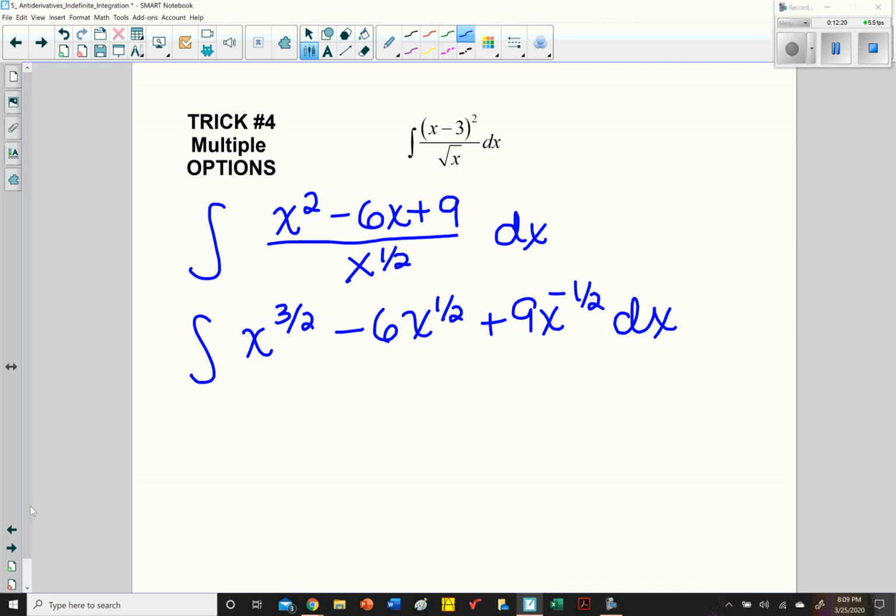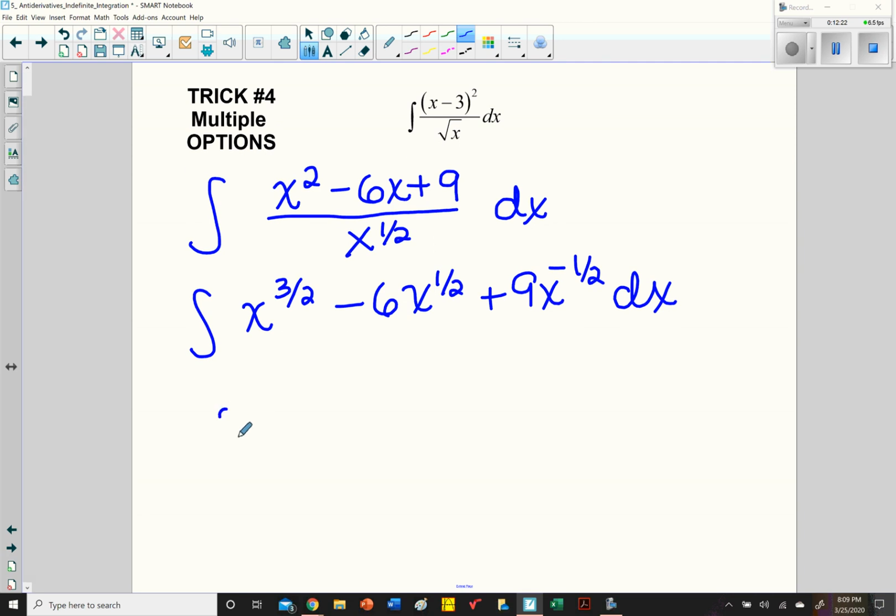Then using our power rule, we're going to add 1 to each power and divide by the new power. So x to the 3 halves plus 1 would be x to the 5 halves, and I'm going to divide by 5 halves, which is the same as multiplying by 2 fifths.